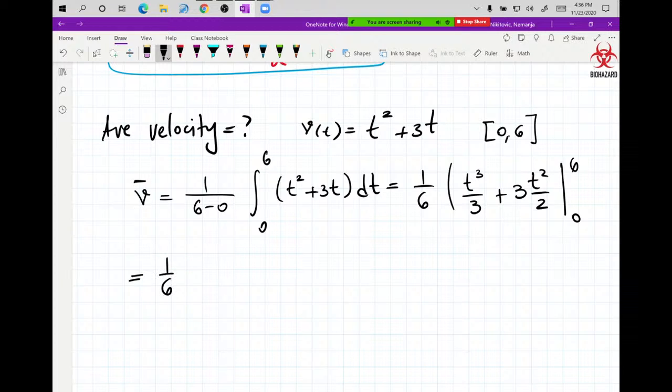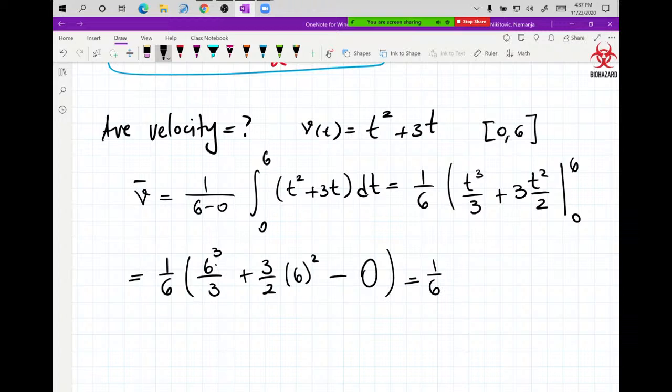So 1 over 6, I have 6 cubed over 3 plus 3 halves times 6 squared minus the big fat 0 from the other terms. That's 1 over 6. Now this is 6 times 6 times 6 divided by 3, so one of these cancels, gives us a 2.